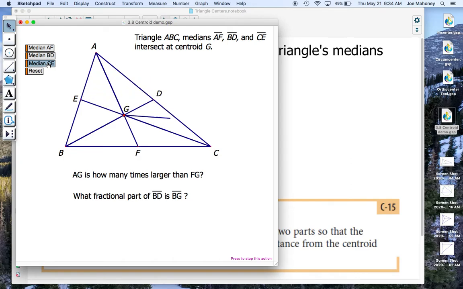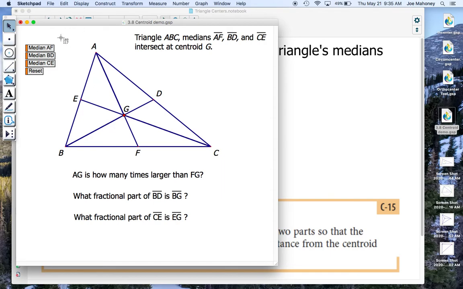So it does that same property as well. So the question now is, what fractional part of CE, the whole median, is the distance from the midpoint to the centroid? And again, we broke into 3 parts, and E to G is one of them. So that fractional part is 1/3. Pretty neat.